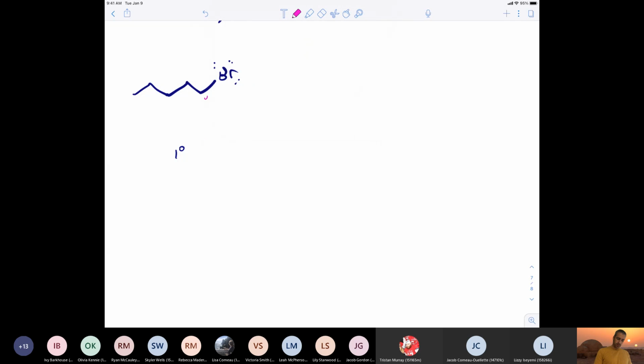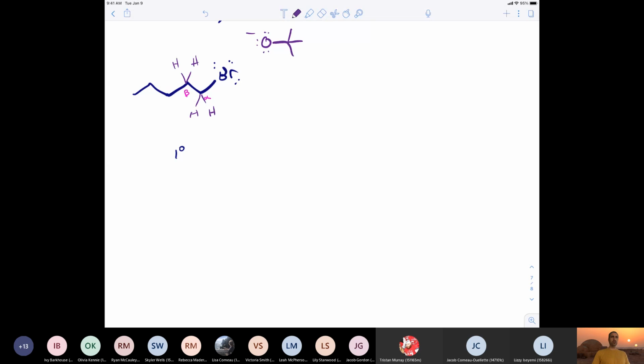We're going to label our alpha and our beta. We're going to put in our hydrogens on our alpha and our beta. And we're going to add in our alkoxide that we talked a little bit about so far today. Make it small, make it big, whatever. Let's make it big.